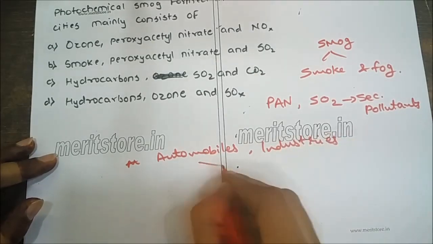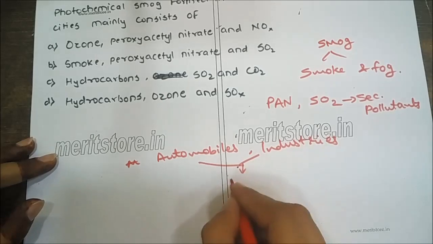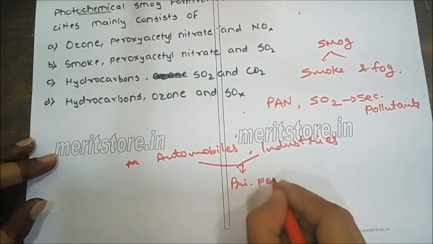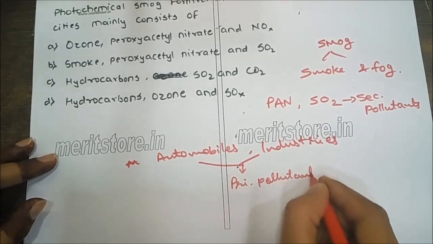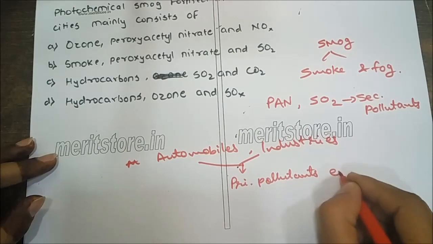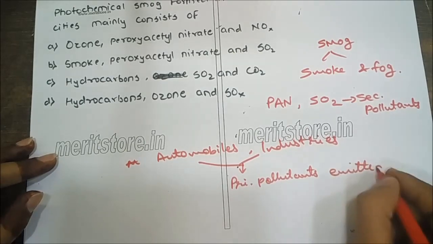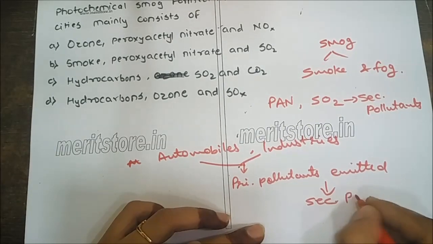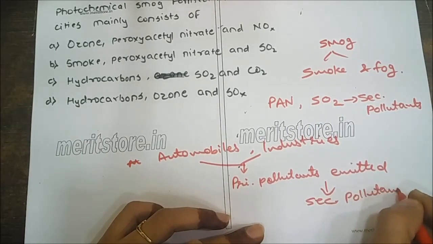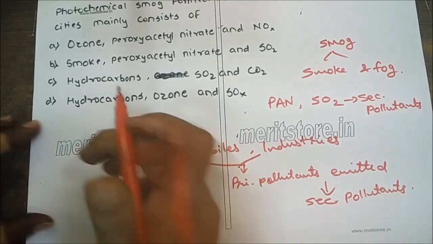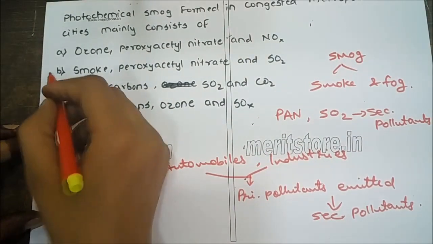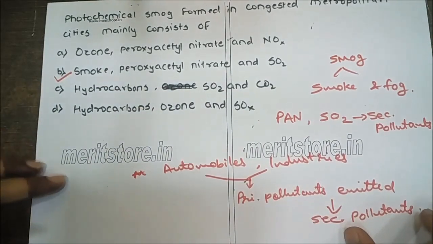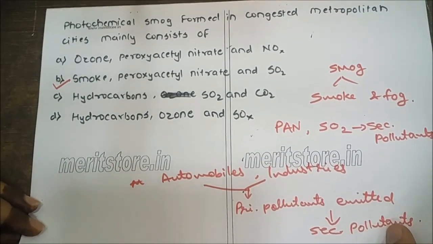From these things, the primary pollutants are emitted. These emitted primary pollutants will react and make secondary pollutants, and these secondary pollutants, smoke, peroxyacetyl nitrate, and sulfur dioxide, will be the main reason for photochemical smoke in congested metropolitan cities.